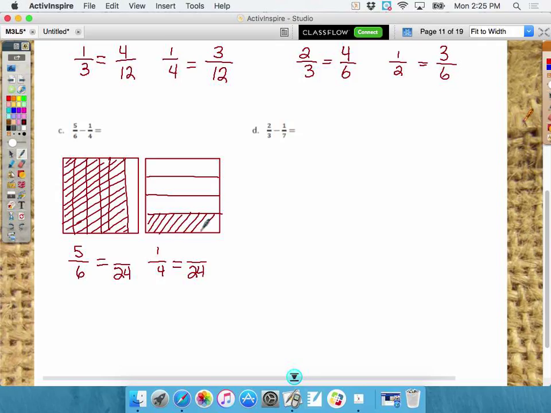So already I can tell this is going to be a pretty large number because I'm going to have so many shaded boxes. 1, 2, 3, 4, 5. So 5, 10, 15, 20.